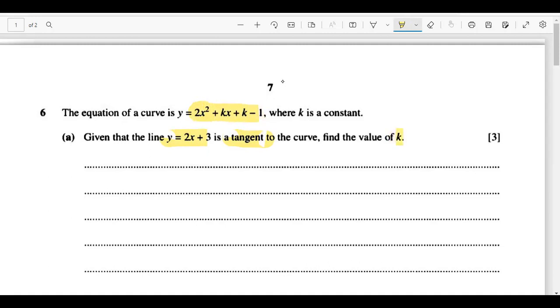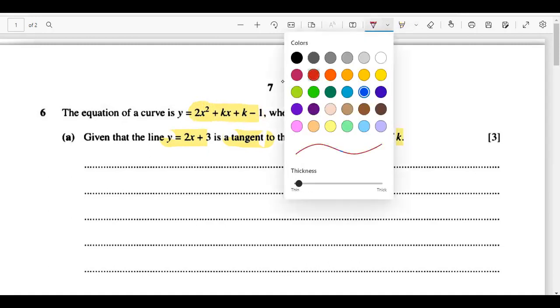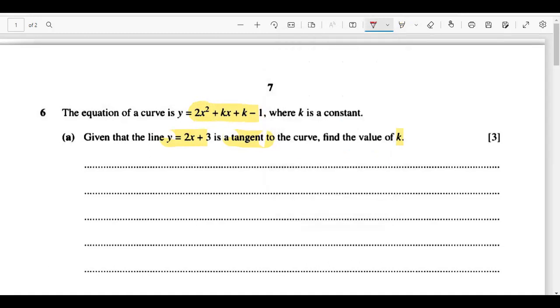This is something we have done very recently. We know that we had three cases. In the case of a line and a curve, the line could intersect the curve at 2 points, so there the discriminant is greater than 0.